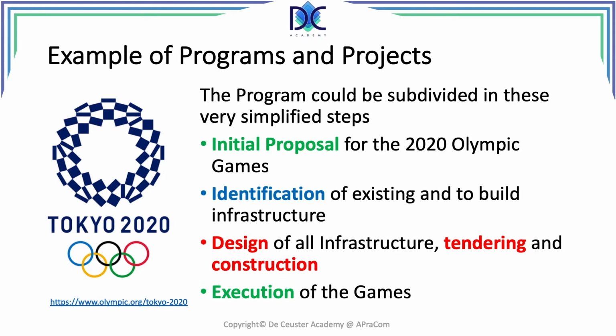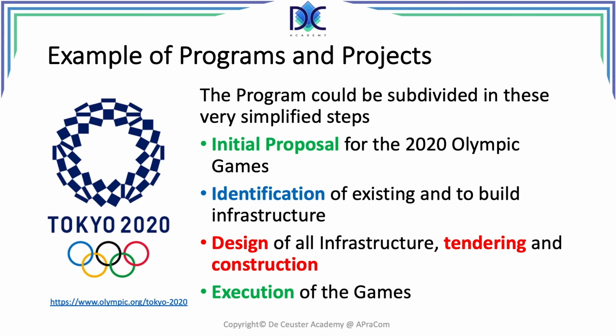Obviously, they were selected. So from that moment on, they started with the identification of the existing and to-be-built infrastructure. Once this was done, they could design the newly built infrastructure, or they could design the changes that had to be done in the existing infrastructure.